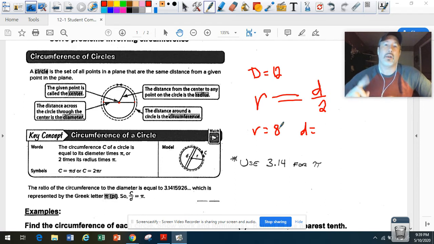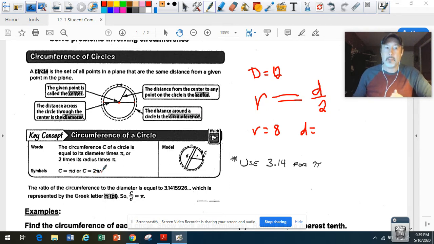Okay, now what else we need to know here is what is the formula for the circumference of a circle? Well, if we take a look here, it says circumference equals pi times the diameter, or circumference equals 2 pi times the radius. Now think about why this one here is just d and this one here is 2r.